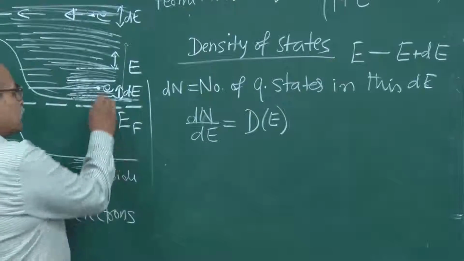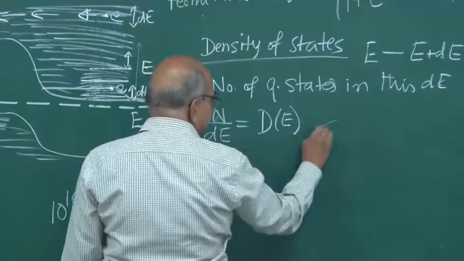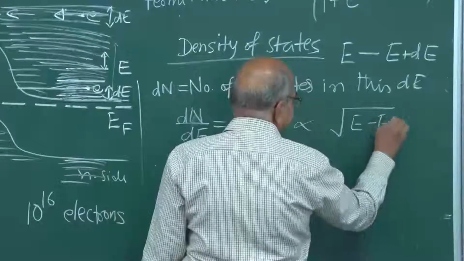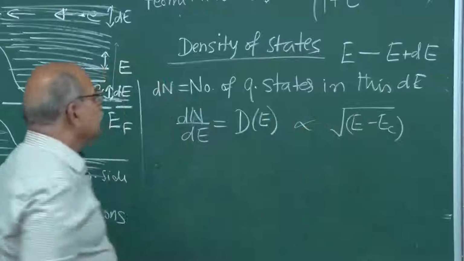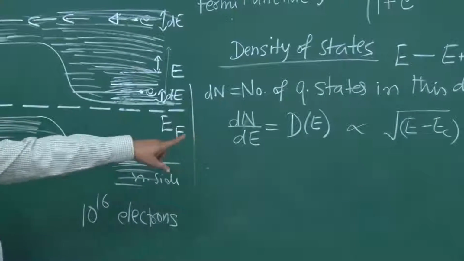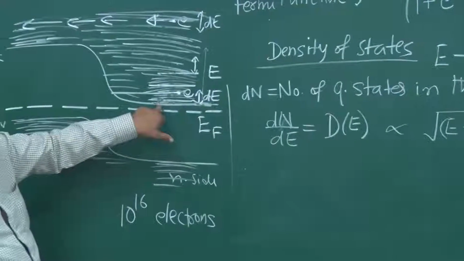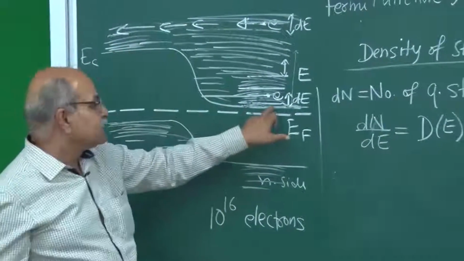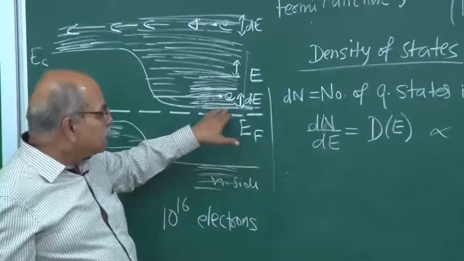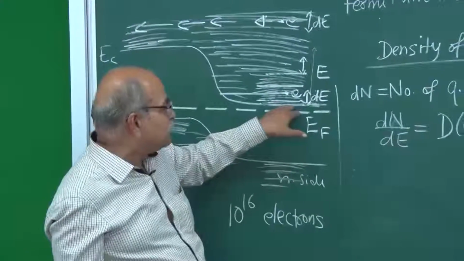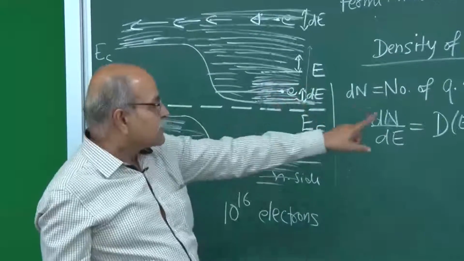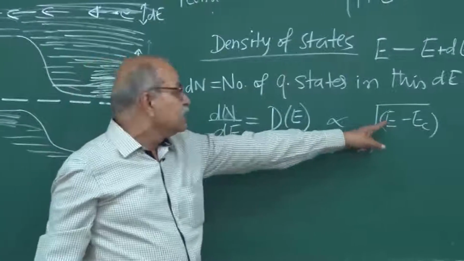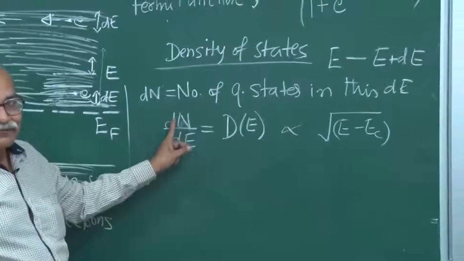In the conduction band, it turns out that D(E) is proportional to the square root of E minus EC. There are some factors here, but energy-wise this is the dependence. Remember, the bottom of the conduction band I am writing as EC. So the number of quantum states available in a given dE is proportional to this. As you increase E, this number is going to increase.